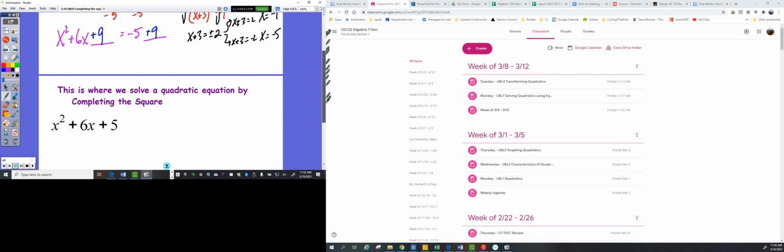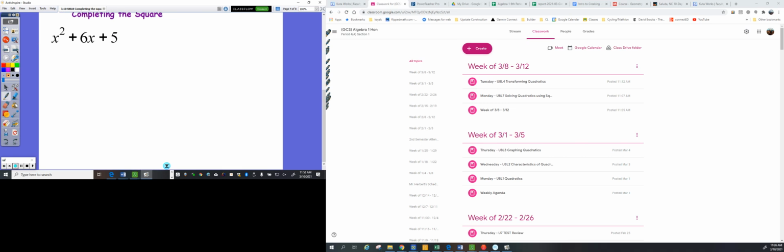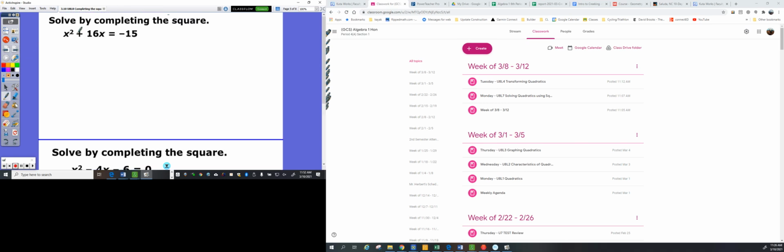Now, if you run into a scenario like this, where I already have the x squared and the 16x by itself, then I can just go ahead and create that space on both sides. All right, so here I will put what? And then we'll add 64 here.